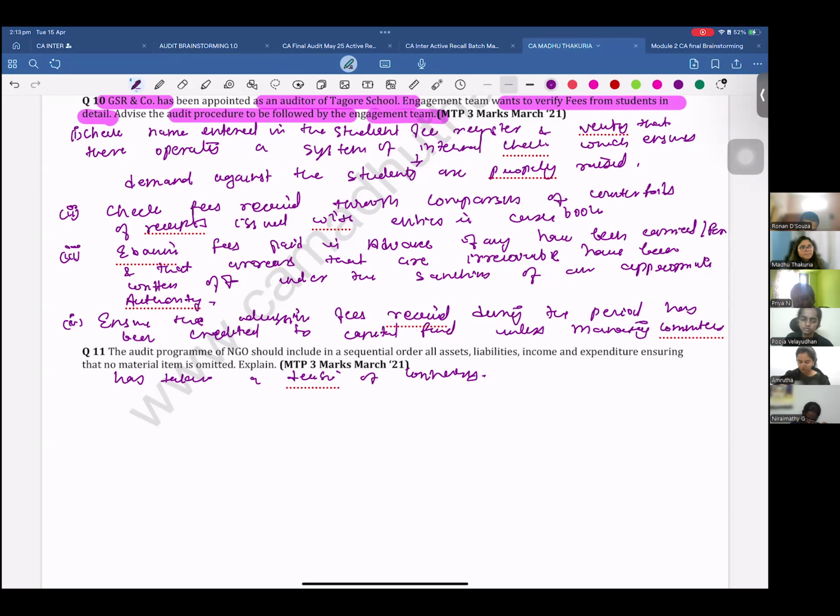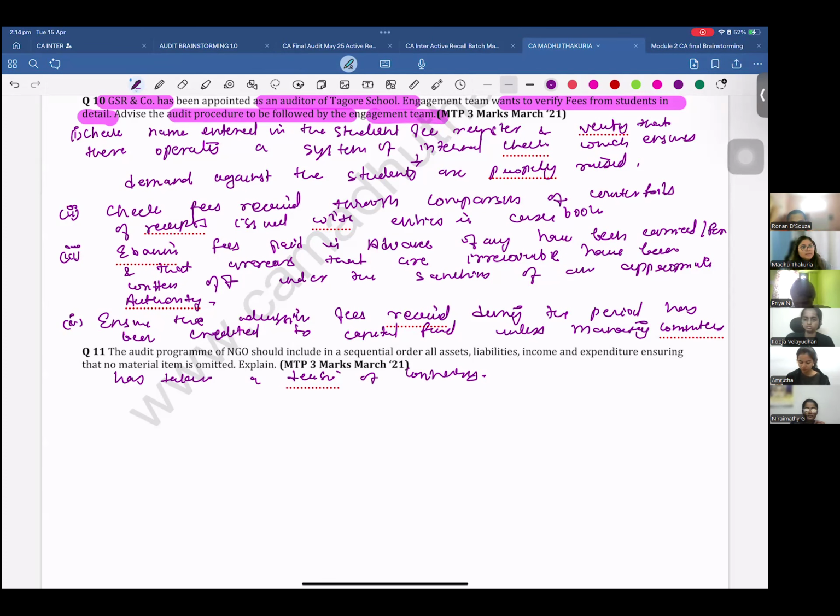Yes. Check fees received by comparing the receipt counterfoils with the entries in the cash book. Exactly. So the receipts with the counterfoil: how many counterfoils are available and how much of receipts are received?